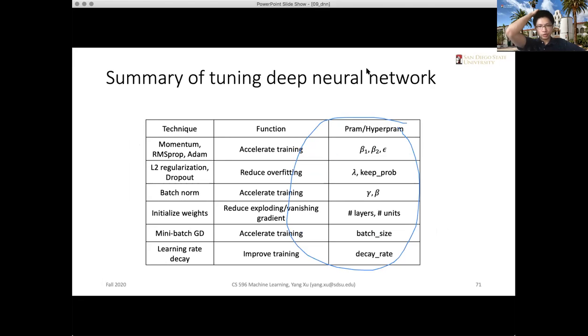Okay, so we have this table summarizing functions, parameters and hyperparameters associated with each technique, and you can use this table to help you review the whole chapter, the whole slides for deep neural networks.